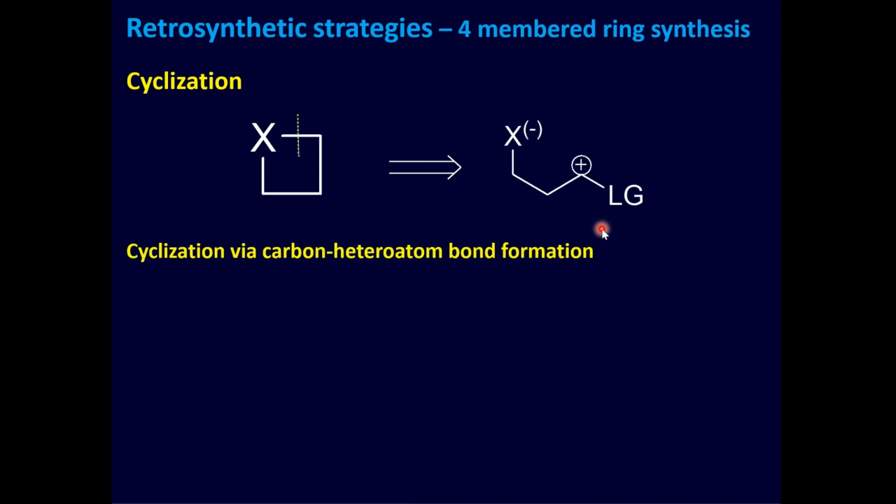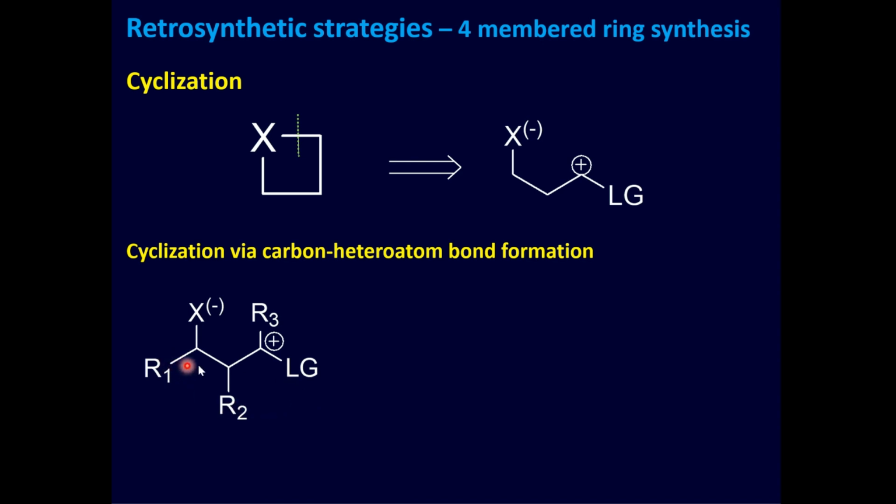Here, this involves cyclization via carbon-heteroatom bond formation. The bond can be formed between the electron deficient carbon and the heteroatom to synthesize the four-membered ring system.